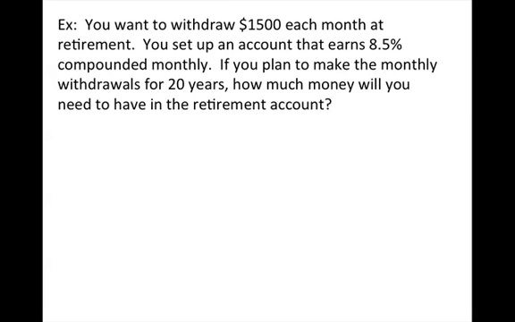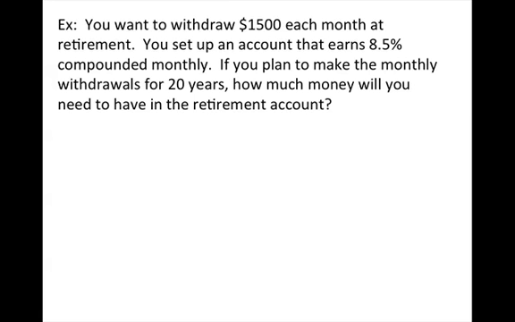Then next I need to decide, is this value a future value or is it a present value? Well, with this problem, I'm at retirement age and I'm ready to withdraw the $1,500 each month. So I need to have that amount of money in my account right now. So this is a present value.